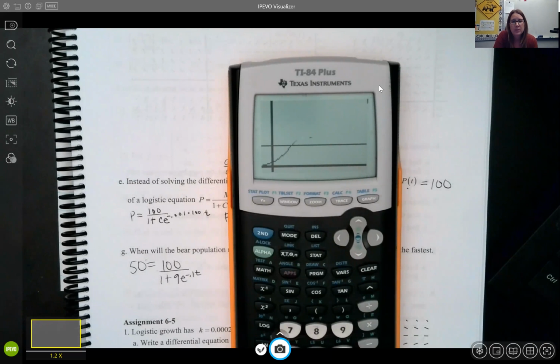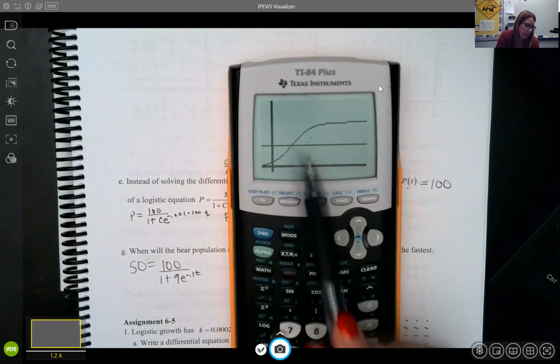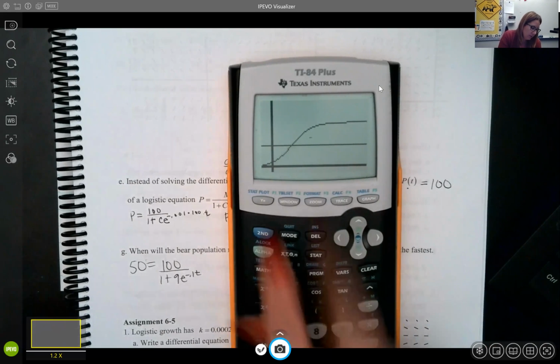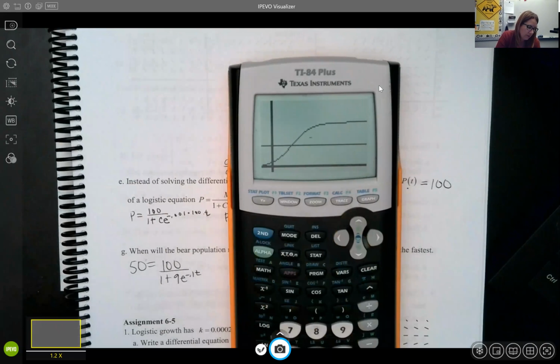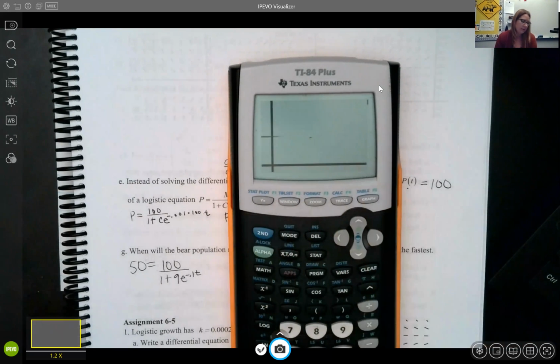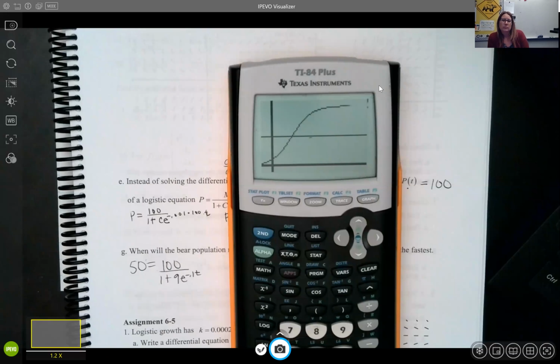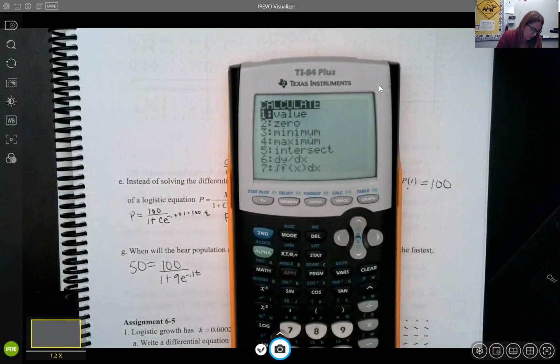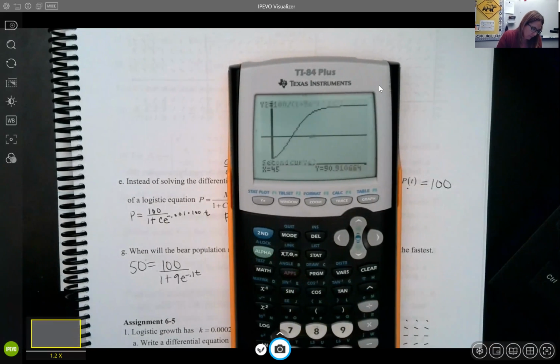Okay, so there's your curve, and I want to find out where that crosses the 50. I actually went pretty high, which is probably going to take a little bit too long. Let's do 110 instead. Okay, so second trace, where do those intersect?